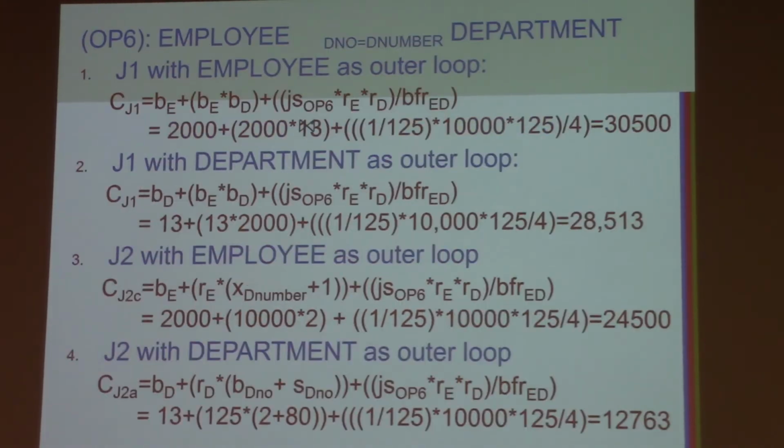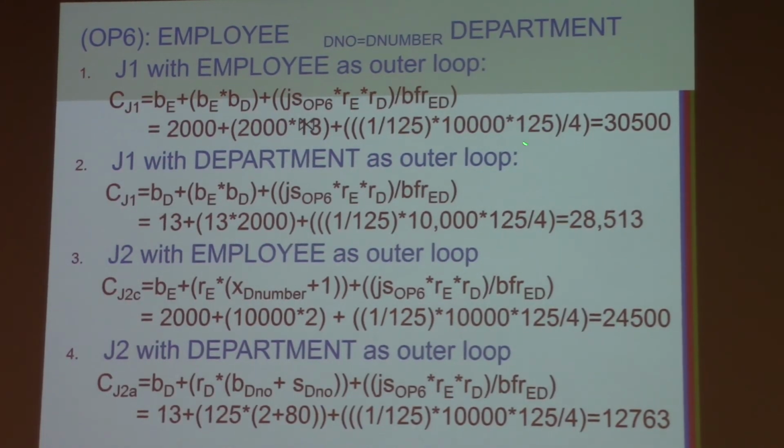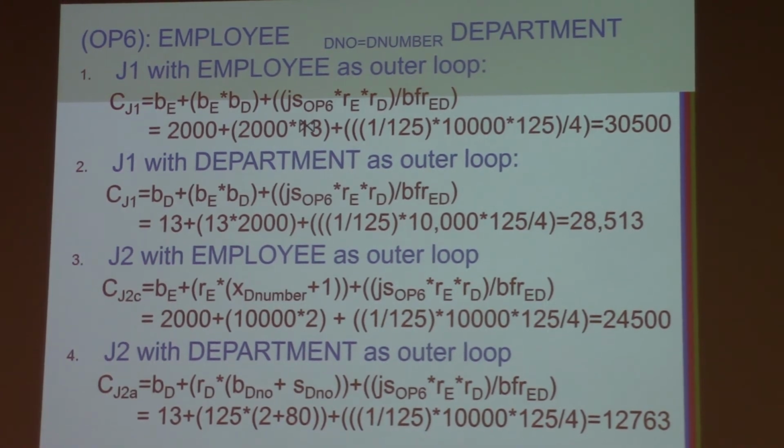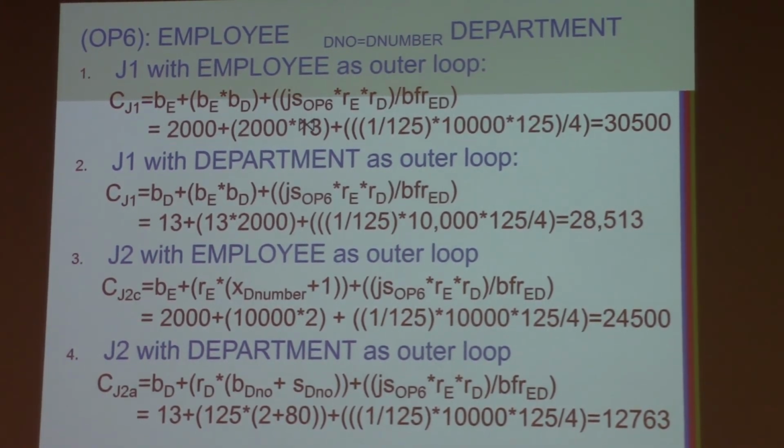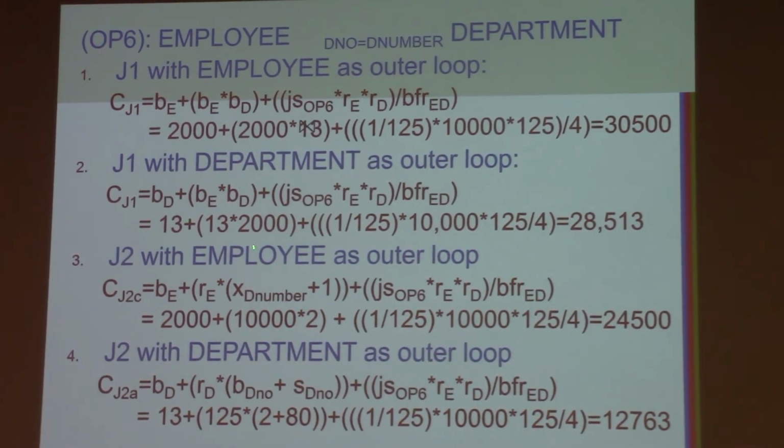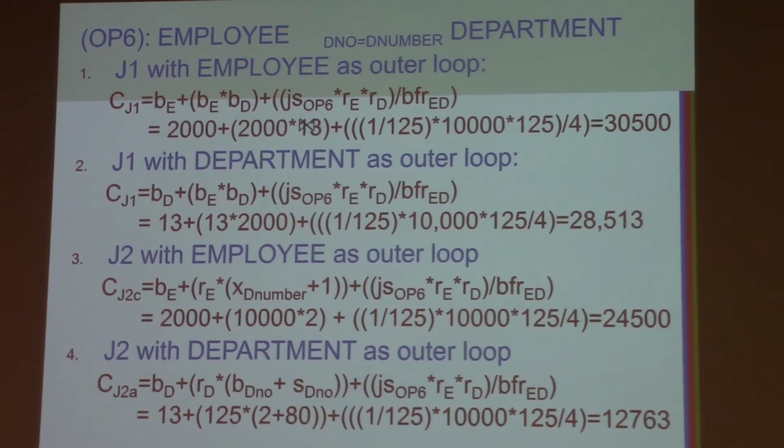That is the join selectivity, times the number of records, divided by 4, which means the blocking factor of ED. If you calculate this, it's 30,000 something. This one changes the order. Then for each department, nested loop join. Same thing, 13 blocks, 13 times 2,000, and it's 28,000.